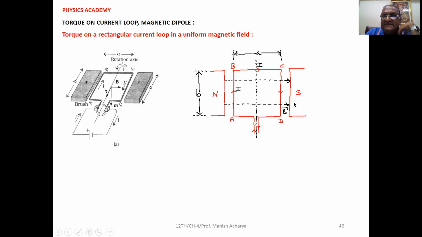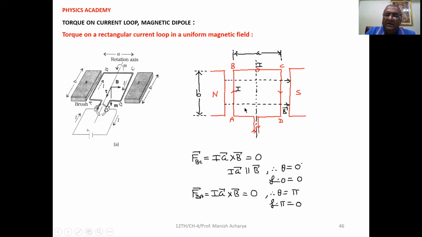So we can say the loop is placed in the magnetic field here in such a way that the area vector of the loop is perpendicular to the magnetic field B. Now, let's calculate the forces acting on different sides of this loop.